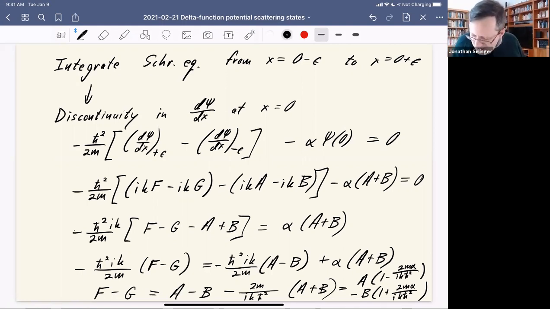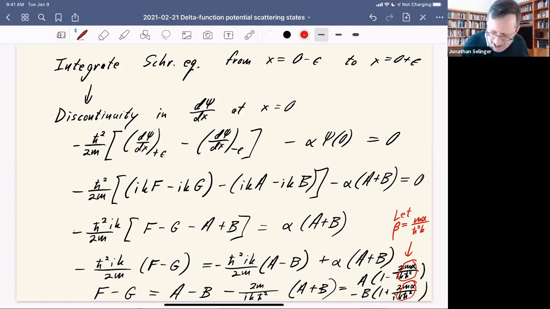Okay, and then if I wanted to be compatible with the book, the book defines a variable beta as m alpha over ħ² k. So that's this thing or this thing.